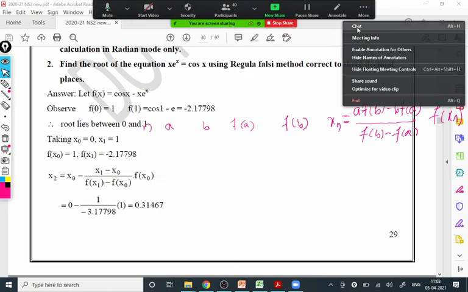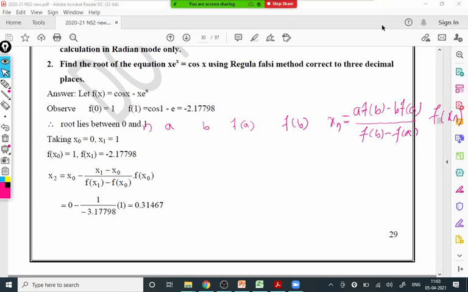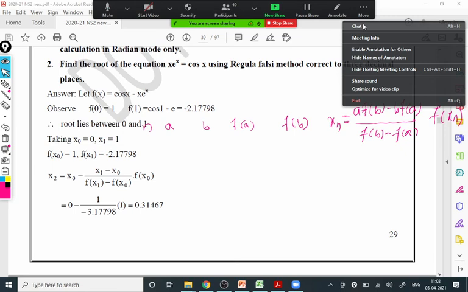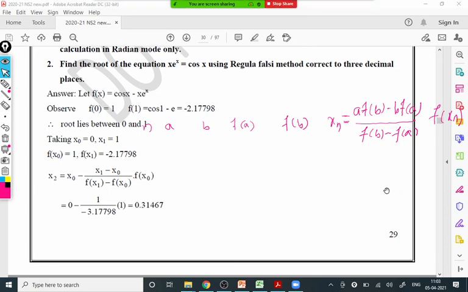Why chat window is not visible? Alt H. Yes. Okay.